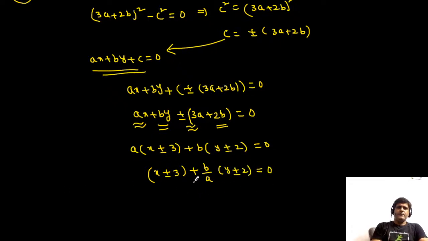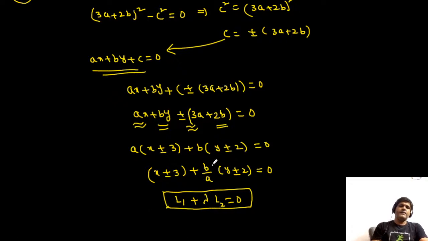So here this is of the form L1 + λL2 = 0. Here a, b are parameters, so b/a is another parameter, some λ. Then this is of the form L1 + λ L2 = 0.